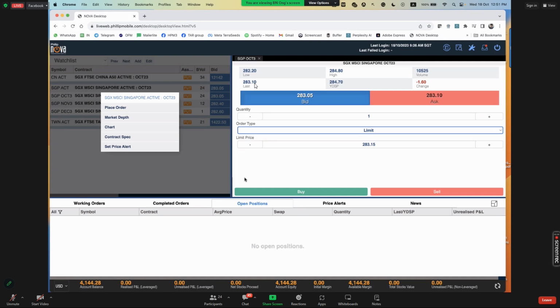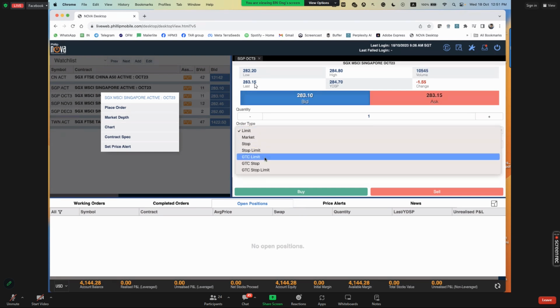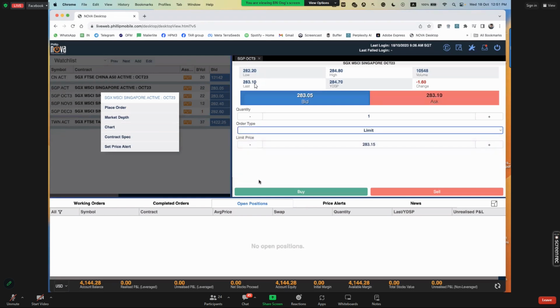Okay, so when it's the T+1 session, it will be regarded as a new session. And if you don't put a GTC, this means that your existing order would be removed automatically at the end of the T session. Okay, all right. Now, what kind of orders will be removed?